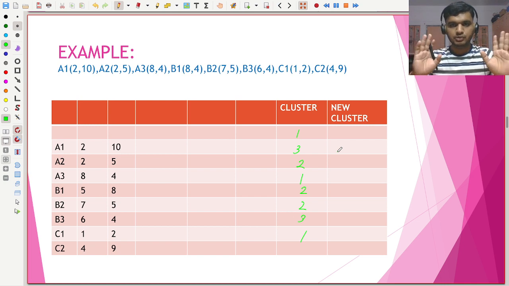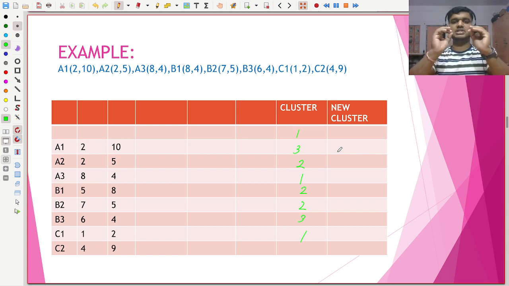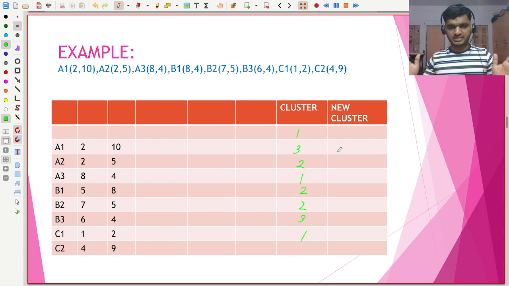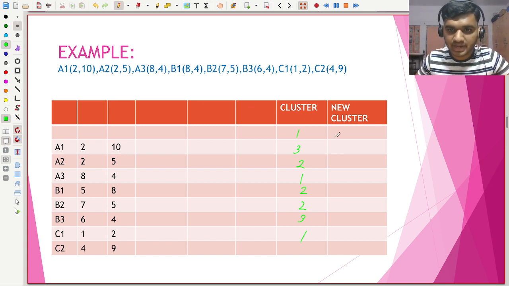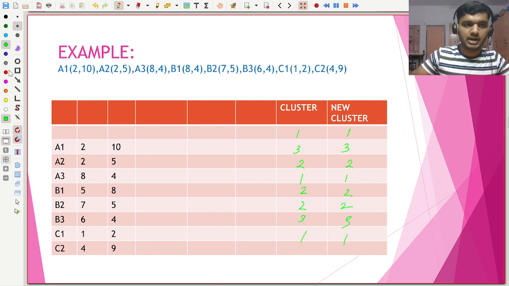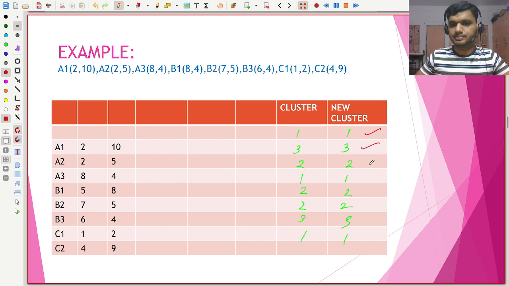If you do it one time for practice, then you completely remember what K-means clustering is, how it works. So you mark the new cluster is 1 3 2 1 2 2 3 1. So here you mark all are the same. Okay. So here you stop.